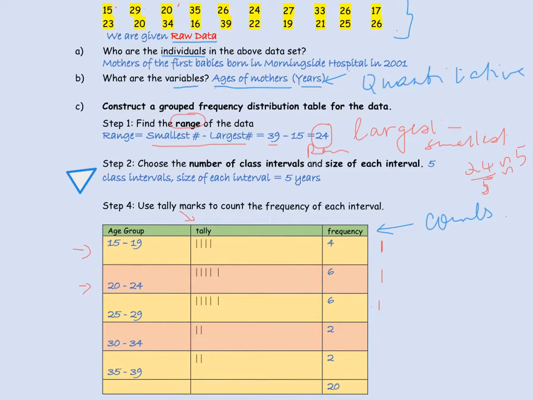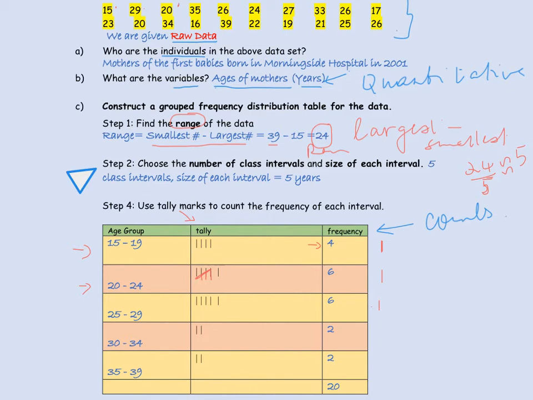So there are 1, 2, 3, 4 in the first bin or interval or age group. There are 1, 2, 3, 4, and then there's 5, and then there's 6. So we put the fifth tally mark across the 4, so that way we form bundles of 5, so it's easy to count.